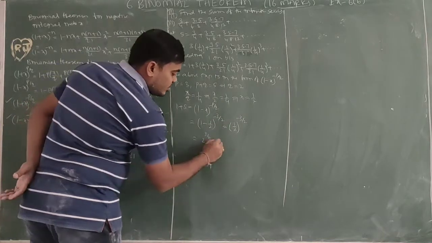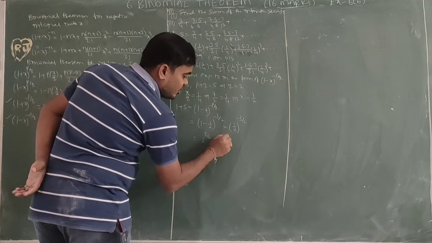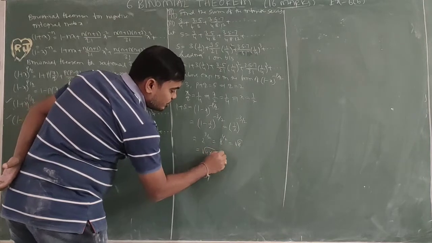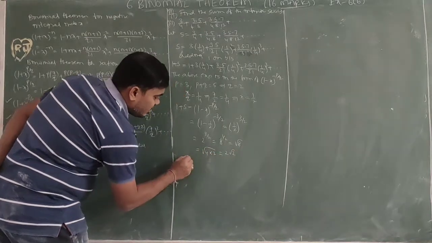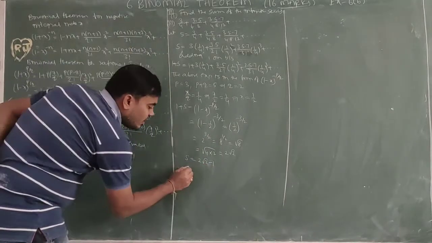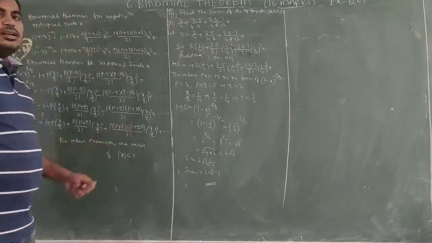We can write 2 cube, 8 power 1 by 2, root 8 equal to 4 into 2 root 2... 2 root 2. S is equal to 2 root 2, bringing 1 outside, minus 1. Sum equal to 2 root 2 minus 1. This is the required solution.